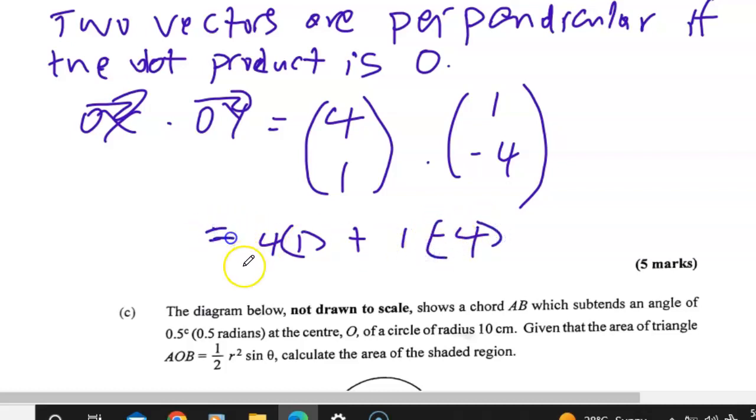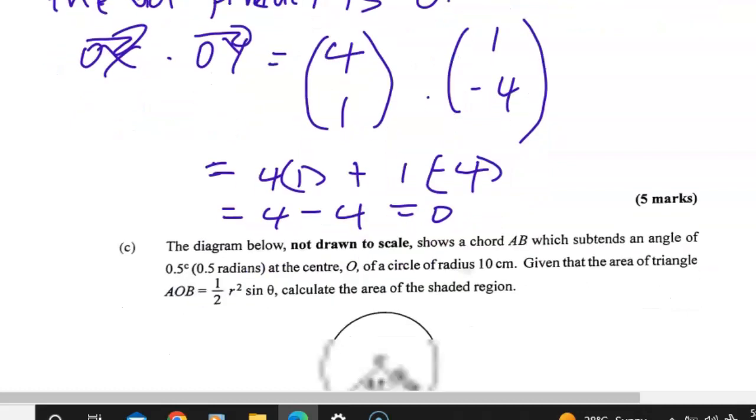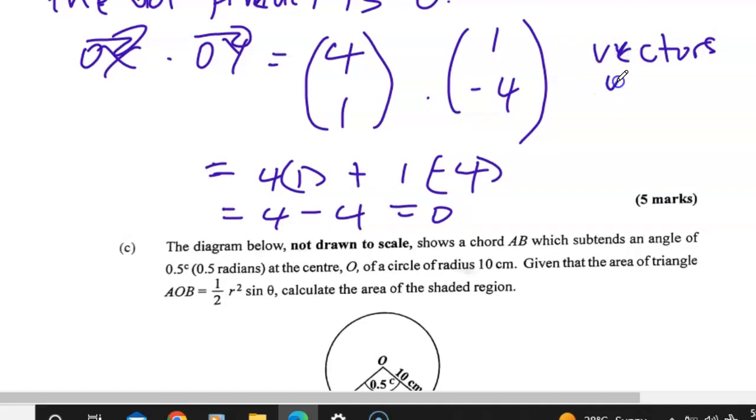That gives us 4 minus 4, which is 0. So the vectors are perpendicular, since their dot product is equal to 0.